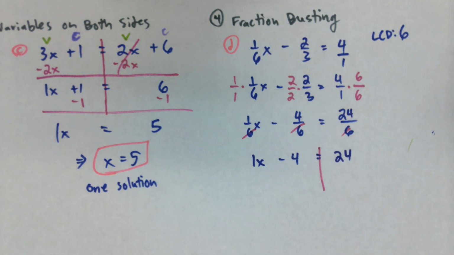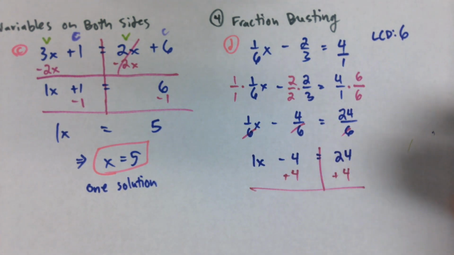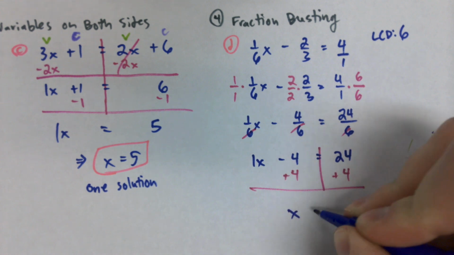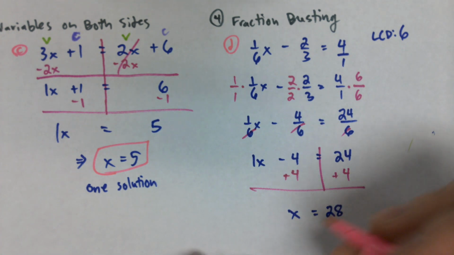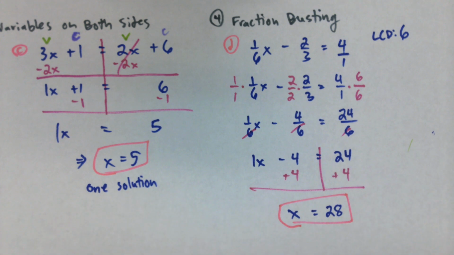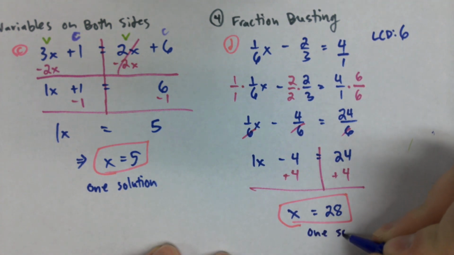Now we can split our equation up, add 4 to both sides, giving us x equals 28. X equals 28. How many solutions does this equation have? Again, we only have one solution.